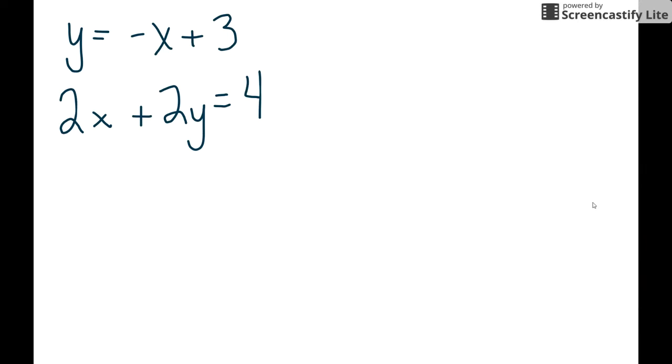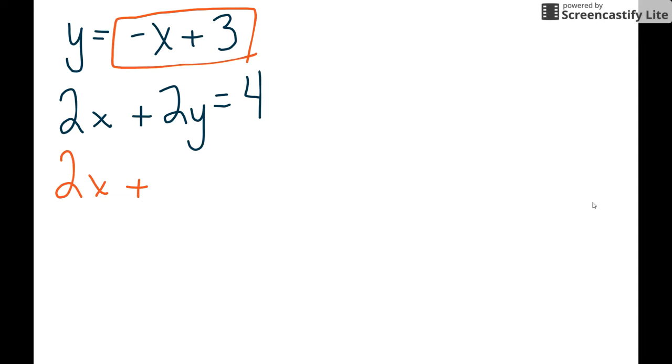Okay, so what if you don't have a graph, and maybe you don't want a graph? What happens for a no solution or an infinitely many solution? So first of all, if it's a one solution, it's just going to look like the same answers that you've gotten for the first three sections. So you're not going to know if it's a special kind. You're going to solve like normal. So if I saw this one, I would probably solve it using substitution. I would probably substitute this in for y.